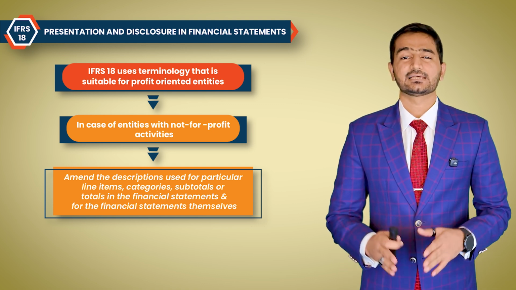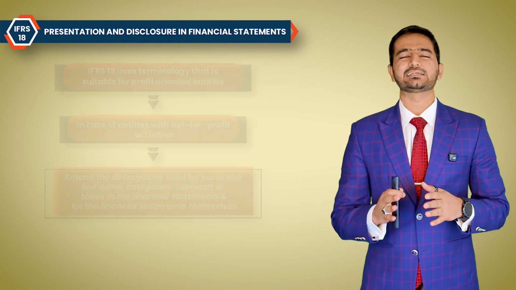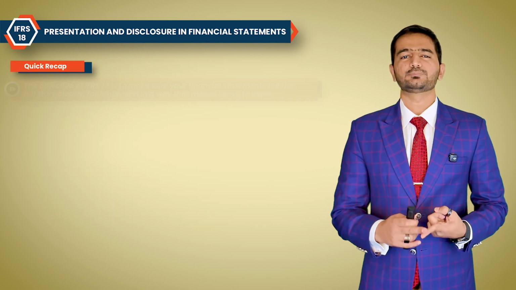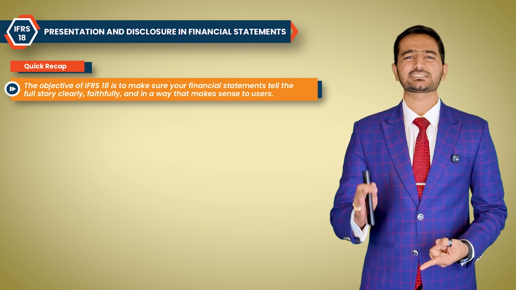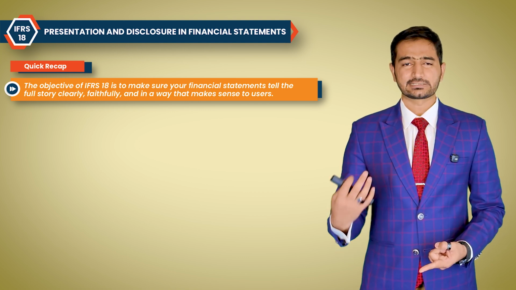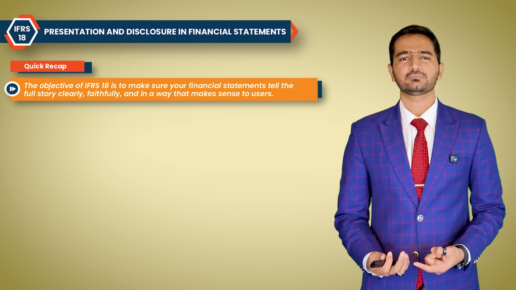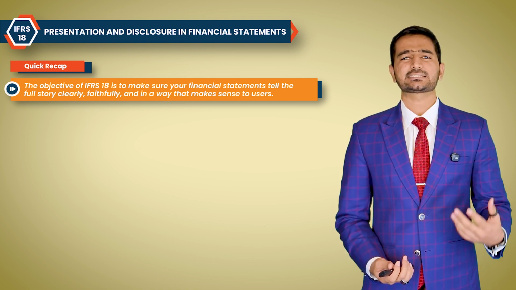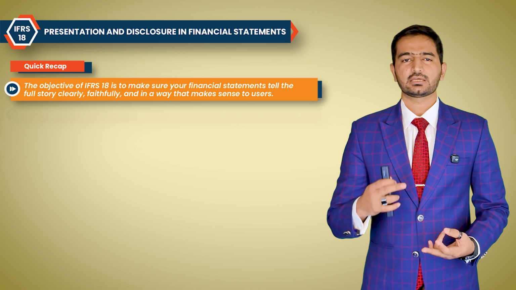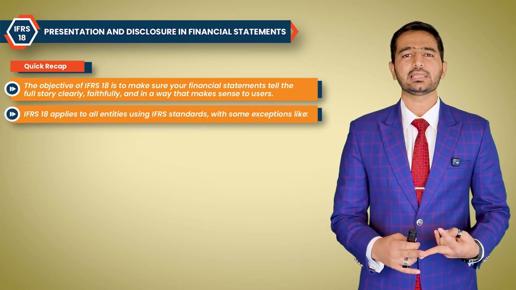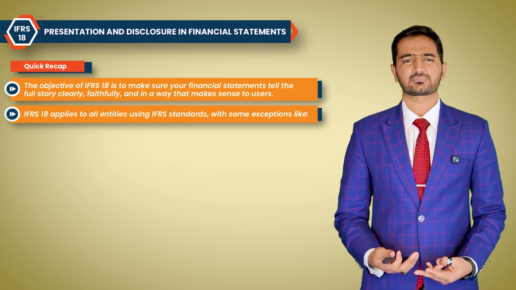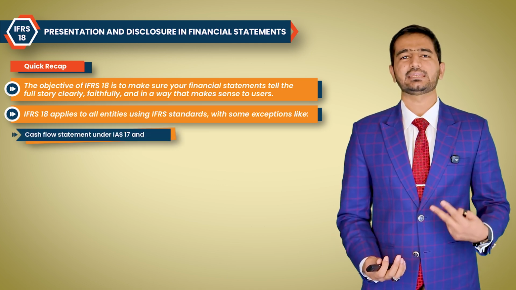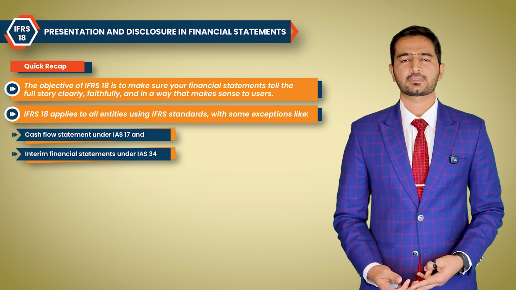Alright my friends, let's wrap it up with a nice little recap. The objective of IFRS 18 is to make sure your financial statements tell the full story, clearly, faithfully, and in a way that makes sense to the users. IFRS 18 applies to all entities using IFRS standards, with some exceptions like cash flow statements and interim financial reporting.